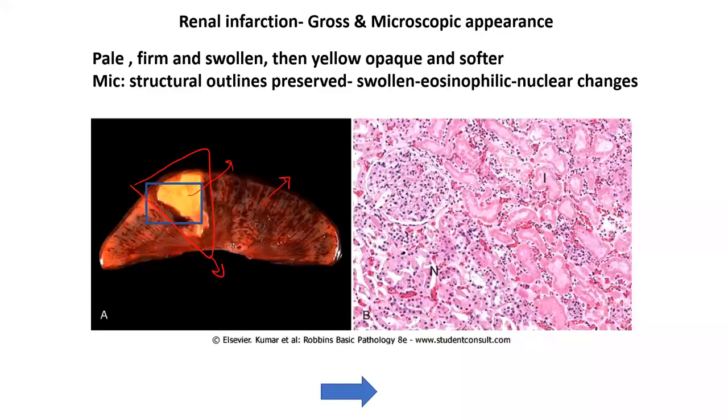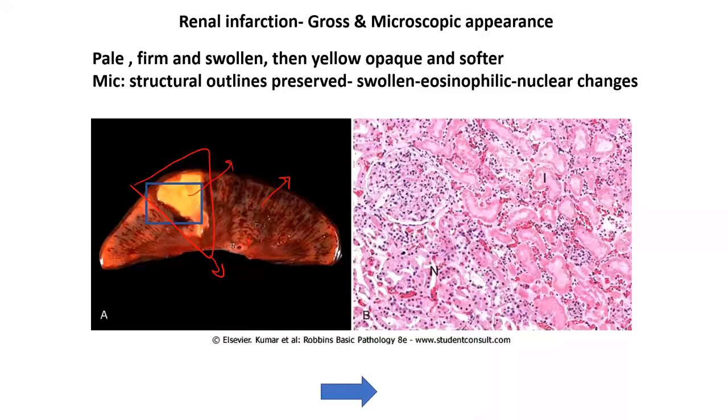This triangular area, if you can see, is yellowish white in color. Okay, this is the color of the kidney. It is dark in color due to a lot of blood inside the kidney. But look at this area, that area is pale in color, and it is firm in consistency.